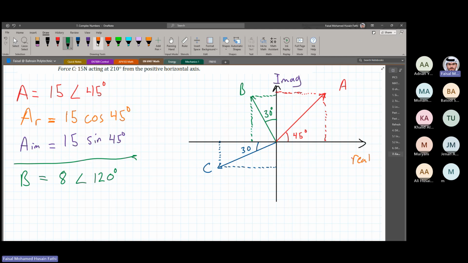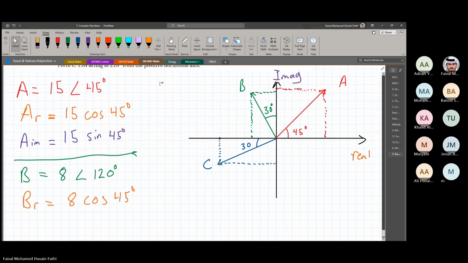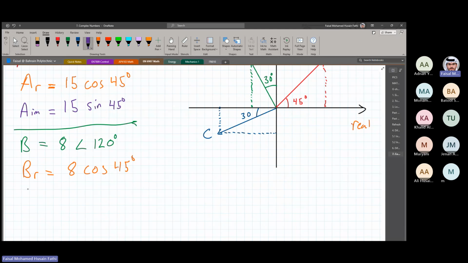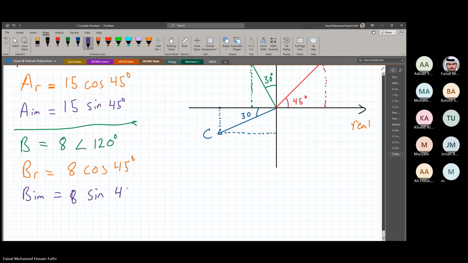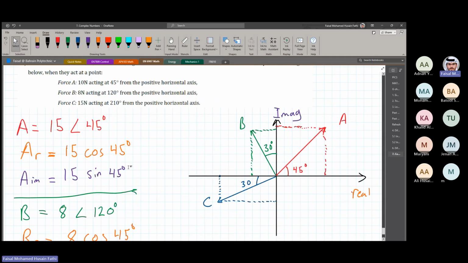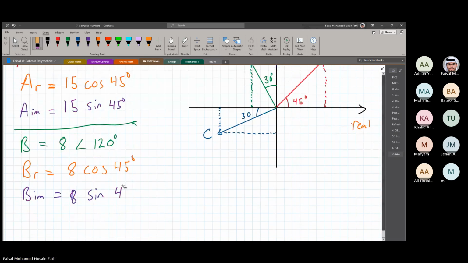Again, we're just going to find B real, which is 8 cosine 45 degrees. Then B imaginary is equal to 8 sine 45 degrees. Is it 45 degrees? No, sorry, 120 degrees. Excuse me. 120 degrees.